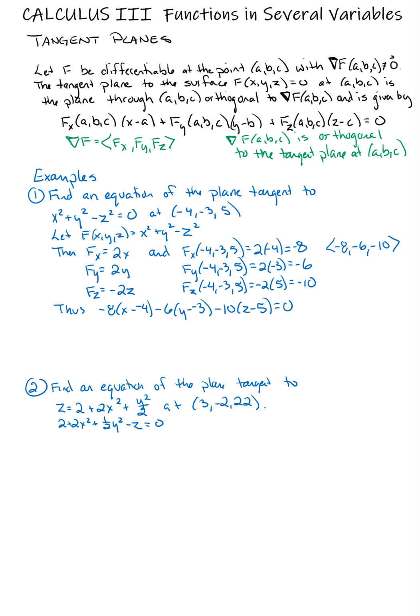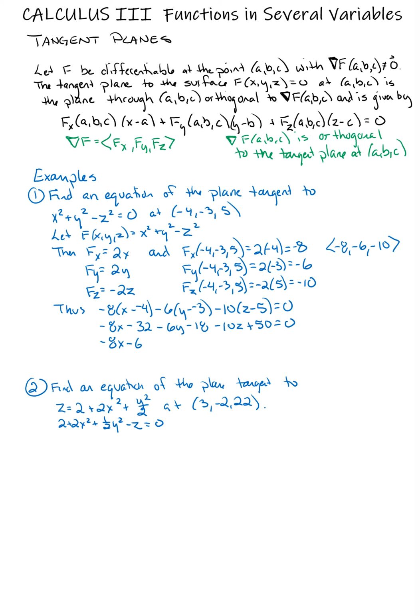We can, of course, clean this up quite a bit. That gives us -8x - 32 - 6y - 18 - 10z + 50 = 0. We can clean this up even more.